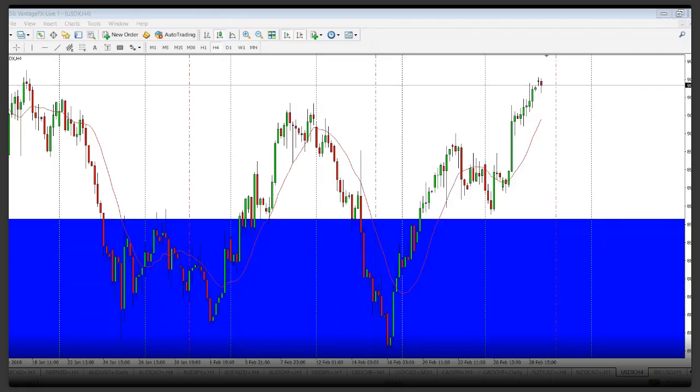Zoom into the 4-hour chart. Any levels we're looking at here? I have one here today. So US dollar, anything happening in smaller time frames?